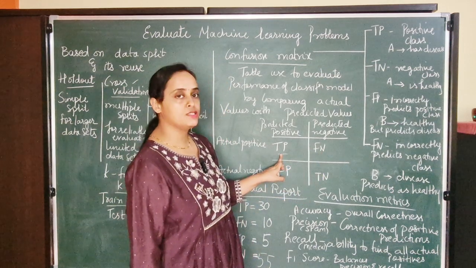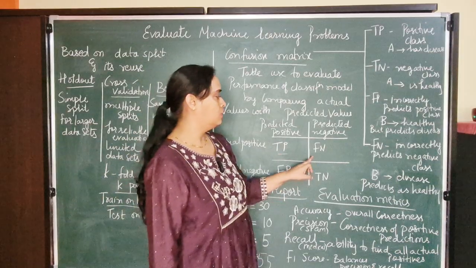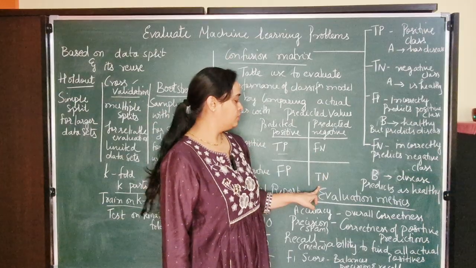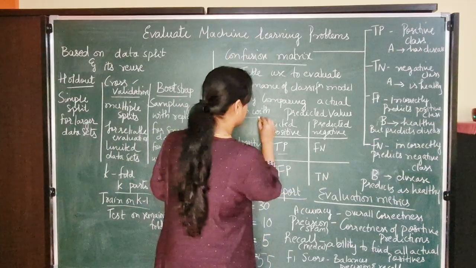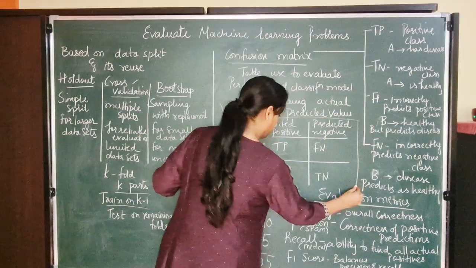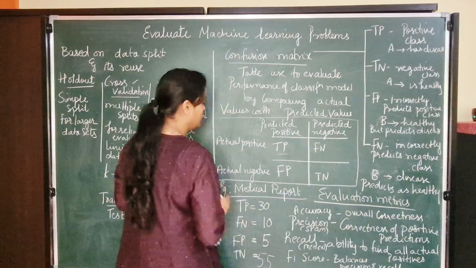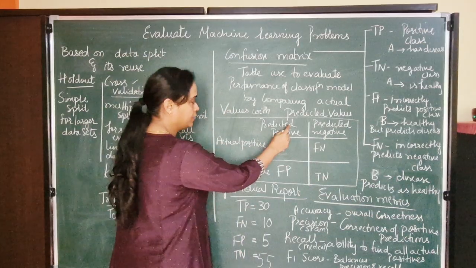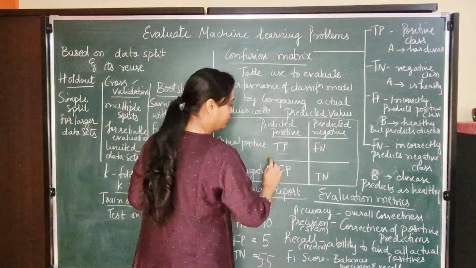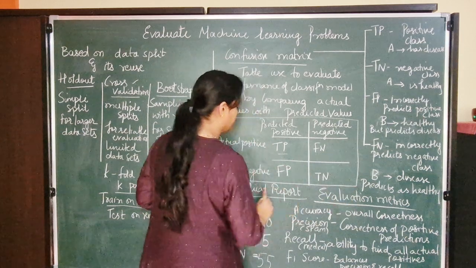Basically, TP is true positive, FN is false negative, FP is false positive, and TN is true negative. This is how we represent the confusion matrix: actual positive, actual negative, predicted positive, predicted negative, and we represent these values. This is finally known as the confusion matrix.